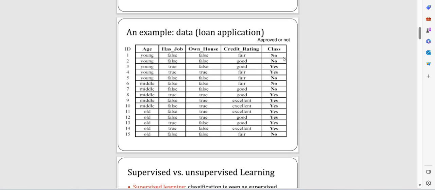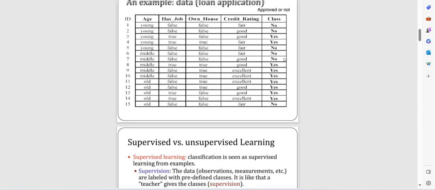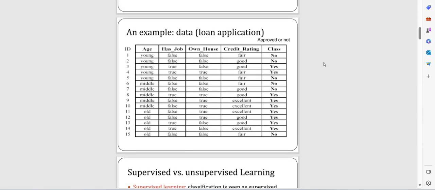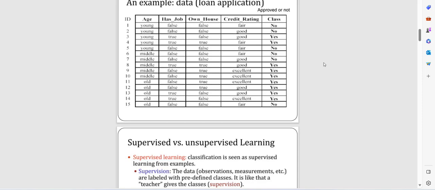It's a binary classification problem. If you have more than two classes, like three, four or five classes, it depends, then it's called multi-class classification.